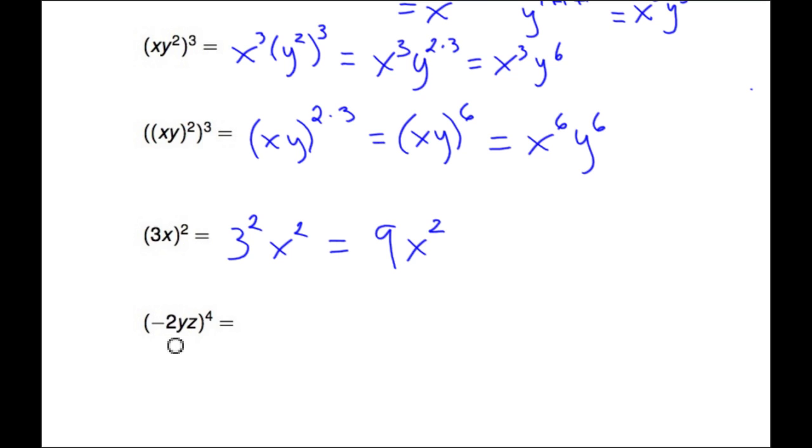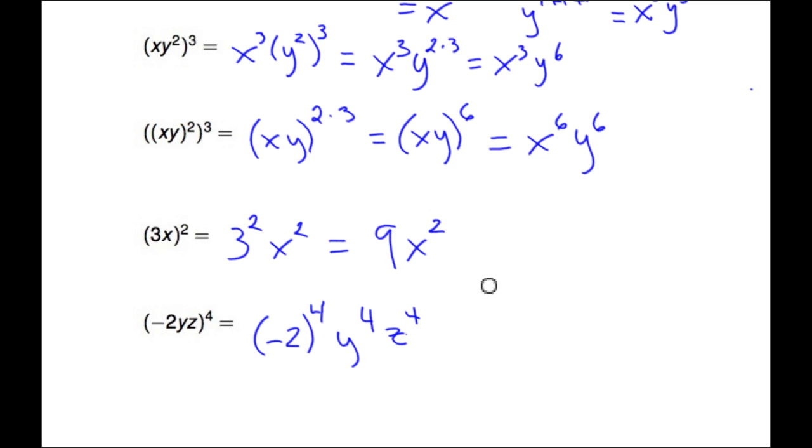There's one thing that's slightly tricky with dealing with negative numbers, which is that you want to keep the negative inside the power, and I'll show you what I mean here. So we want the -2 to be raised to the 4th power. So let me finish working this and I'll talk a little bit more about why the parentheses are around that too. So we have y to the 4th and z to the 4th.